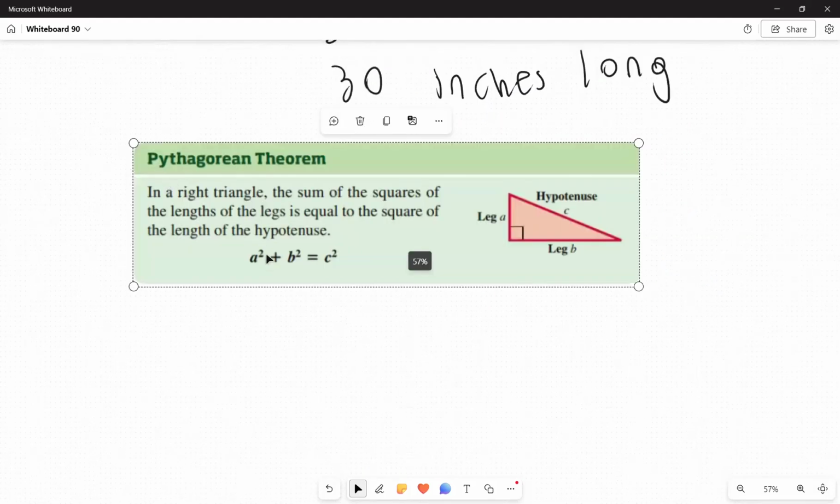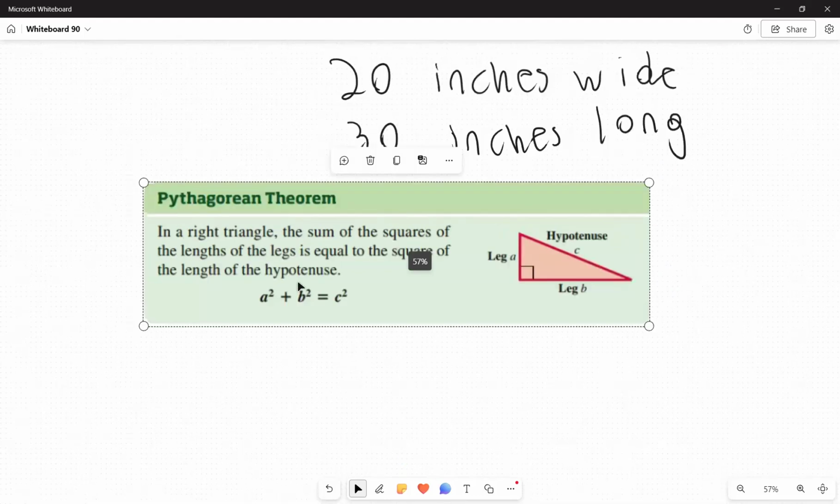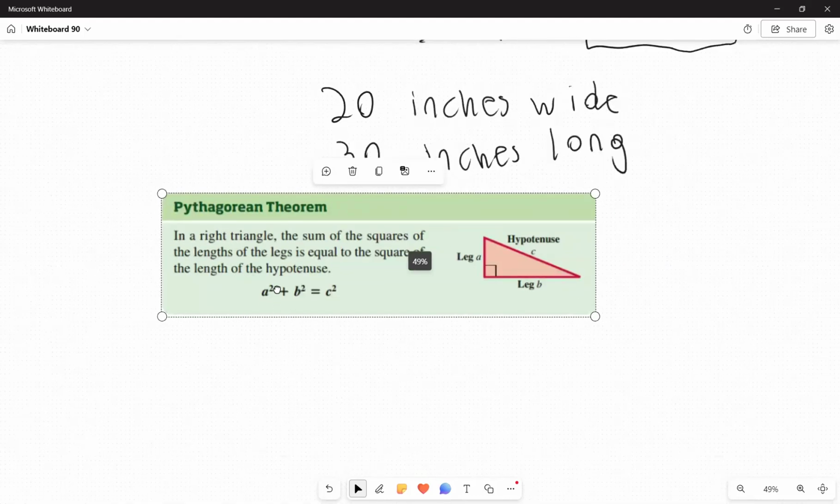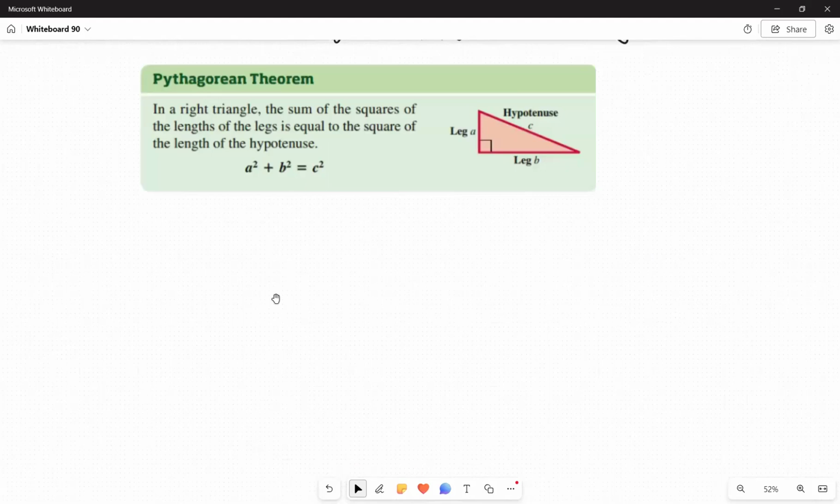That's on page CA 125. And I'm doing problem 36 on page CA 131.